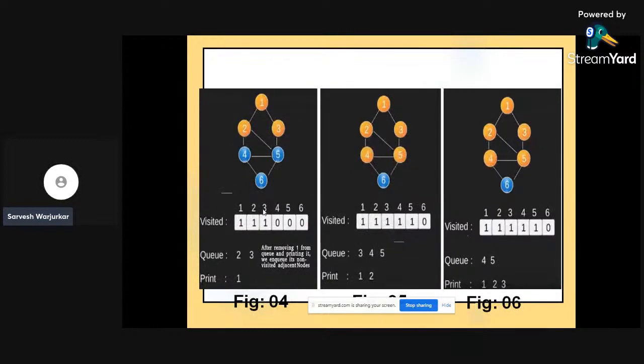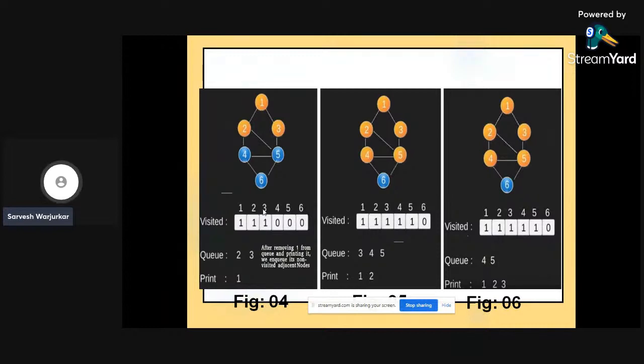Then in the next figure, number 4, I have visited nodes number 2 and 3. After removing 1 from the queue and printing it, we enqueue its non-visited adjacent nodes. The non-visited adjacent nodes of node 1 are 2 and 3. So I have queued them in that particular step. In the next step, I have printed it.